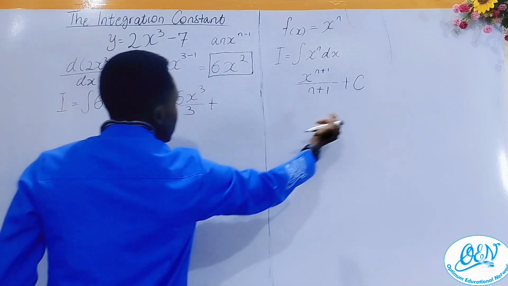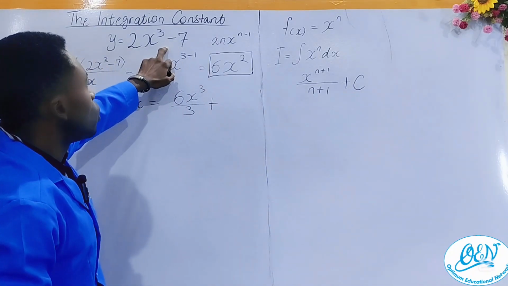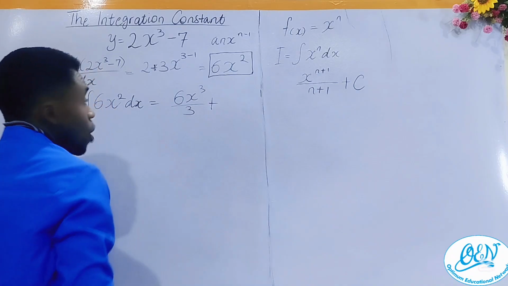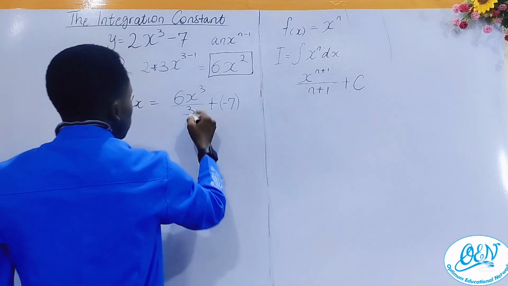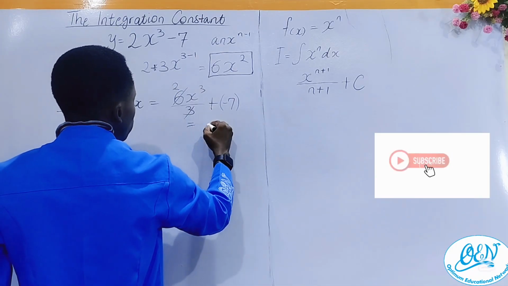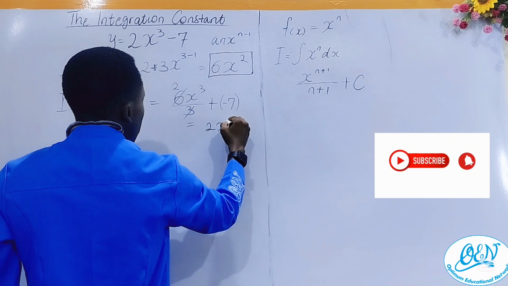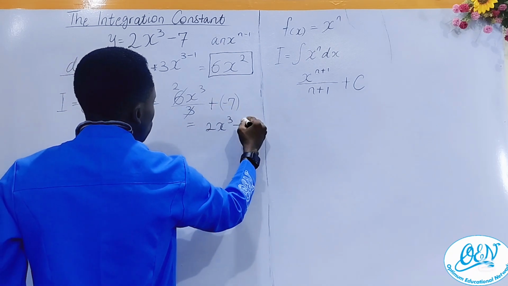Then time to add our constant. Now remember, from the original function, you can see that the constant here is minus 7. So add minus 7. Now simplifying, we have 2, so this becomes 2x cubed. Now plus minus is minus.